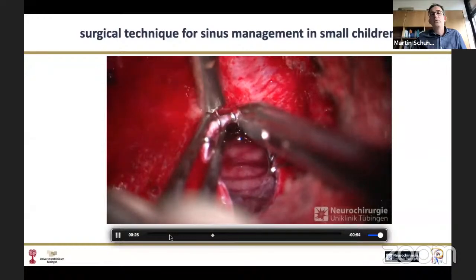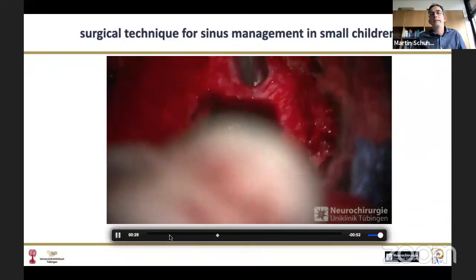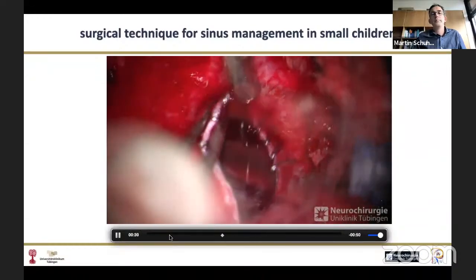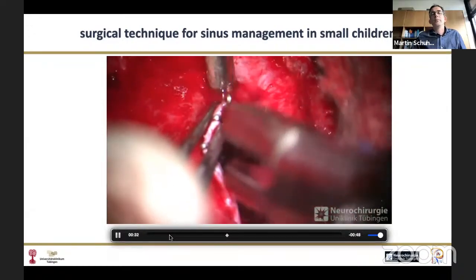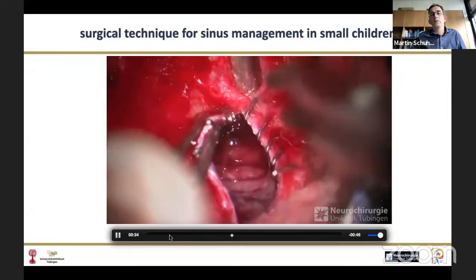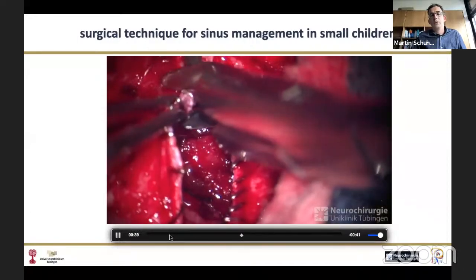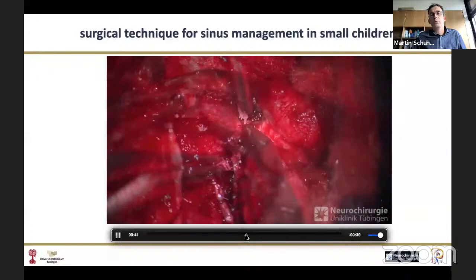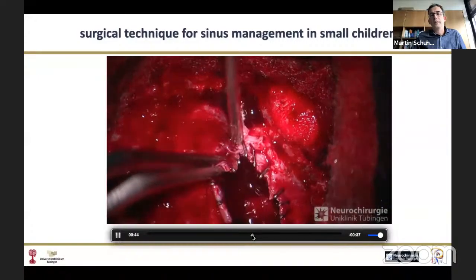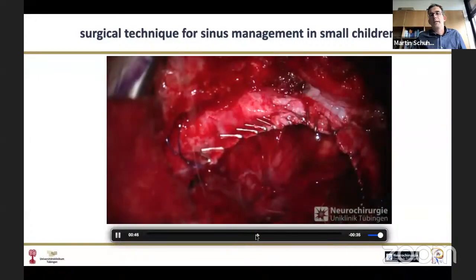So you have to do stepwise little cut, you put in clips, and this way you work all your way around, cut, clip, clip, cut, clip, clip, so you don't lose too much blood. And for a 4-month-old, that is already too much.